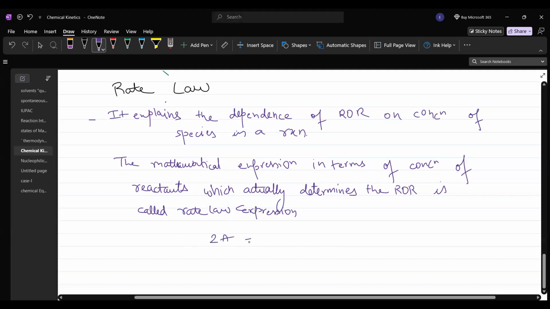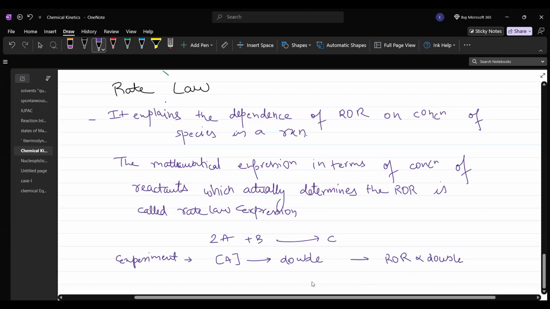For example, 2A is reacting and giving C. Okay, and by experiment we have seen that as we double the concentration of A, one of the reactants, the rate of reaction also doubles.